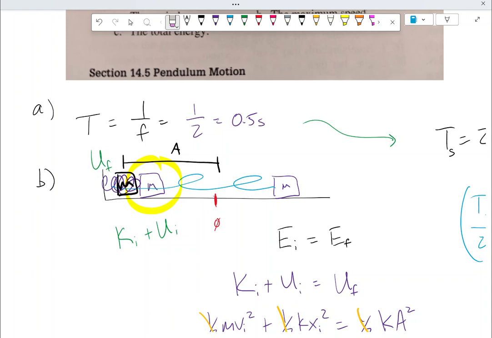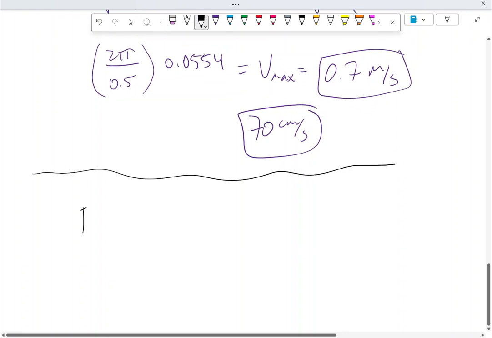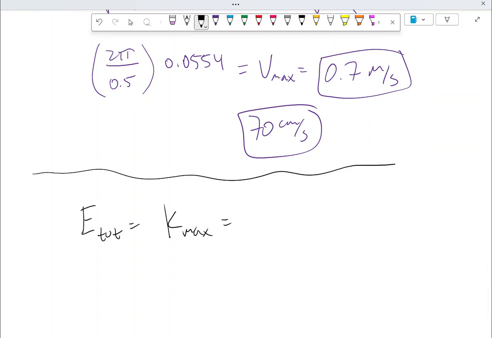So I'm going to choose something easy, which is at the equilibrium position, where I know it has only kinetic energy. So the total energy is just going to be the maximum kinetic energy, which is 1/2 mv squared. I already calculated v over here. So that's going to be 1/2 times the mass.